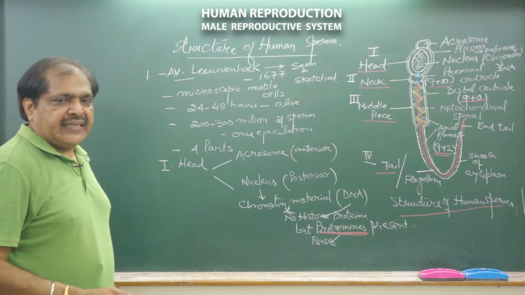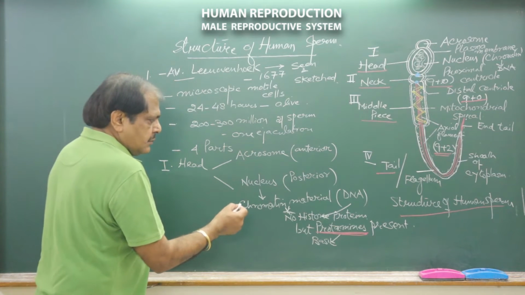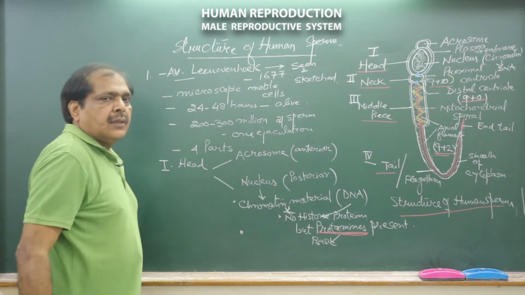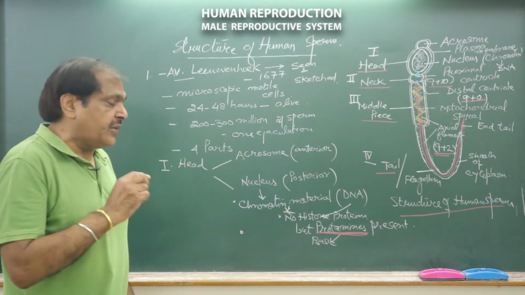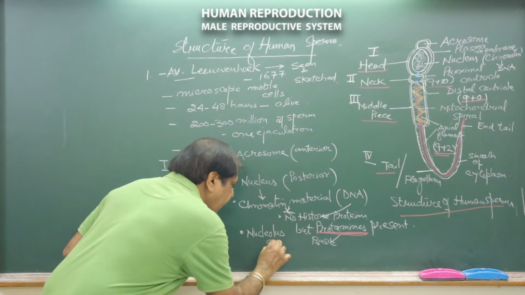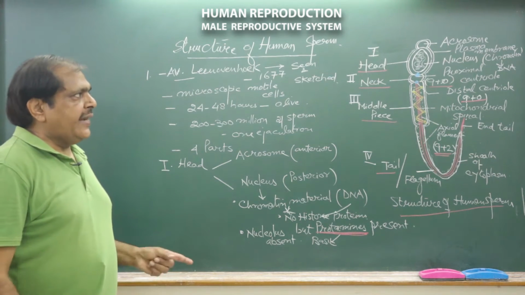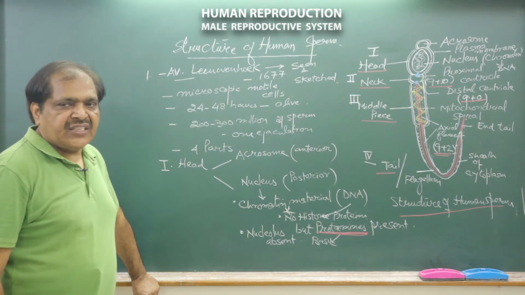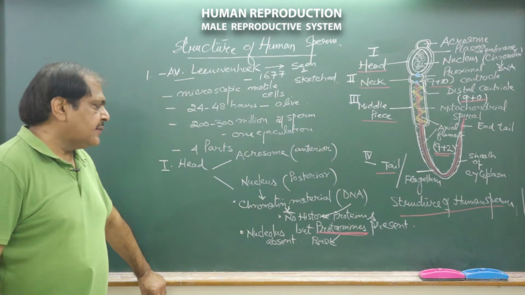One thing more about the nucleus, a very, very important question for you. This is chromatin material. Second and third, nucleolus is absent. No nucleolus is present in the nucleus of the human sperm. Again, this chromatin material is mainly DNA, no histone proteins, but protamines are present.